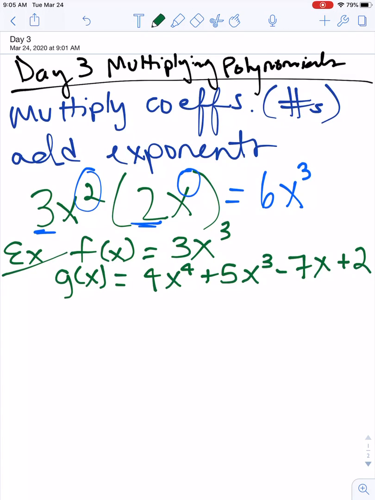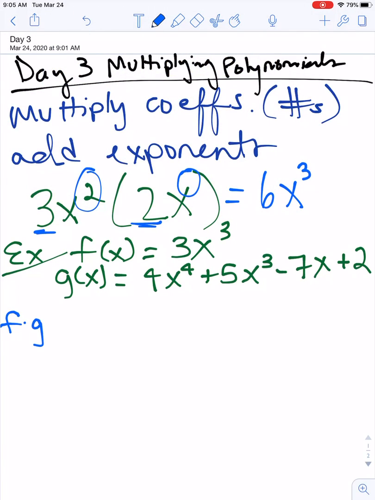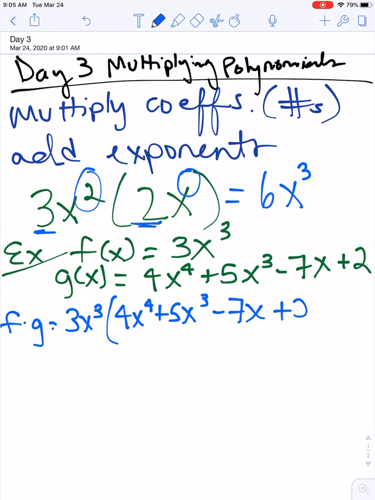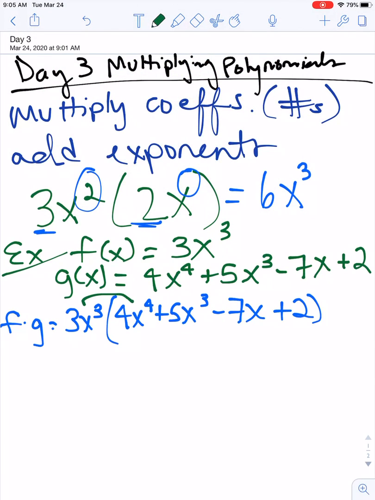So if we're going to be multiplying f times g, we're going to want to go ahead and write it out. So we have 3x cubed times 4x to the 4th plus 5x cubed minus 7x plus 2. Now the biggest thing here is you have to remember to distribute to every single part.